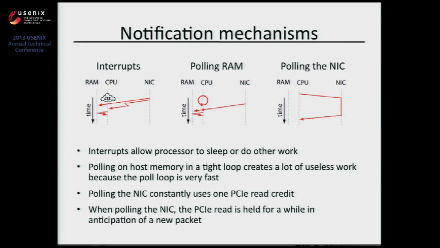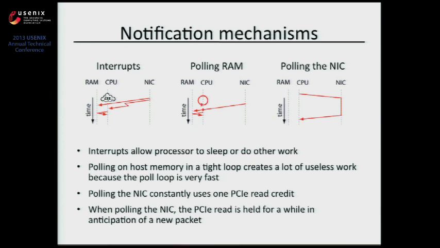A typical low latency way of doing notifications is to use polling. And this is usually done by polling on a memory location in host memory. So while you're polling on a memory location in host memory, and you're doing this in a tight loop, the memory location actually gets cached, and the processor is spinning really fast on that memory location.